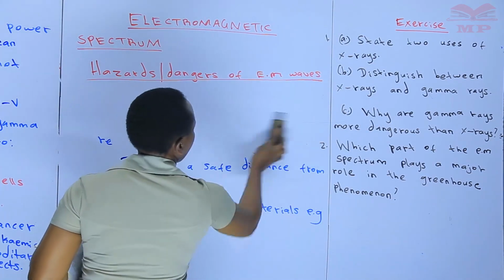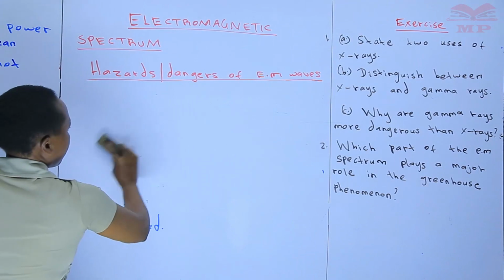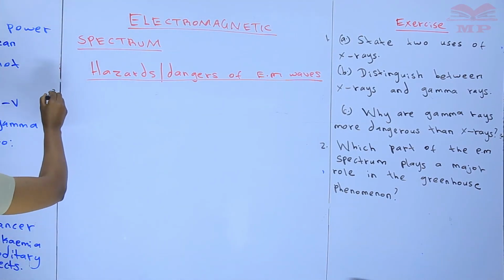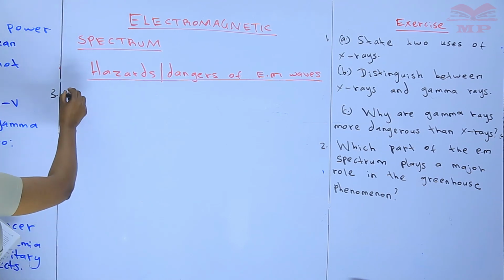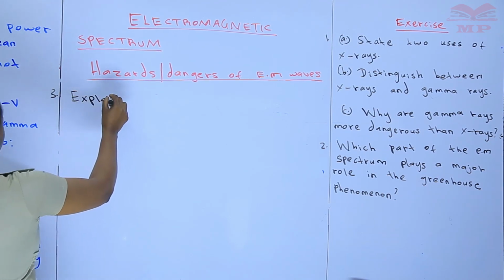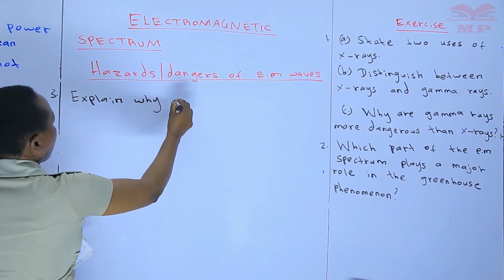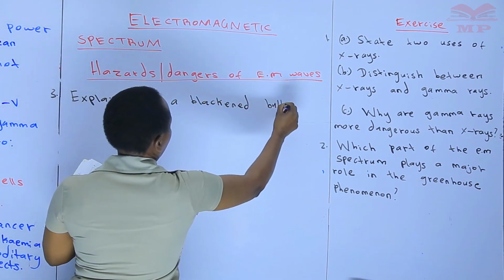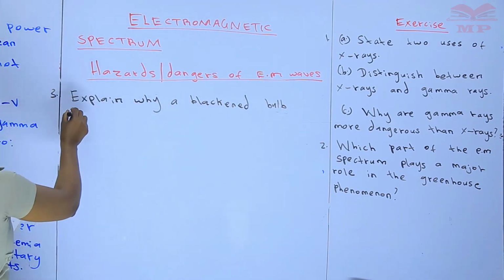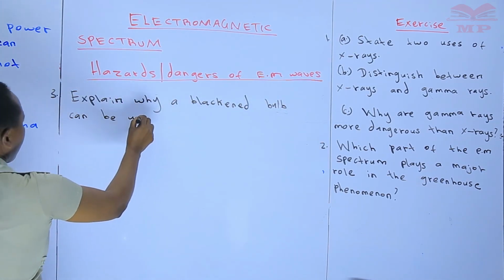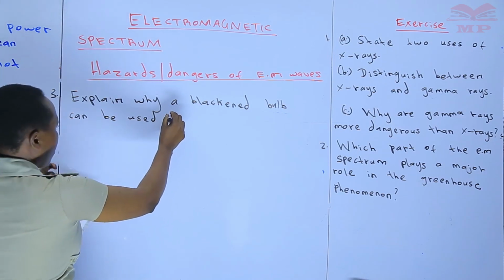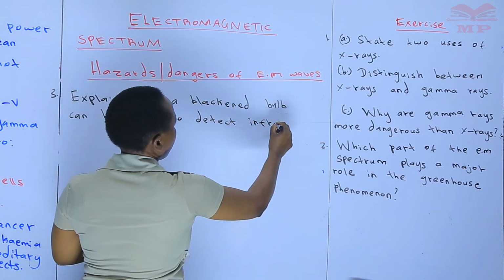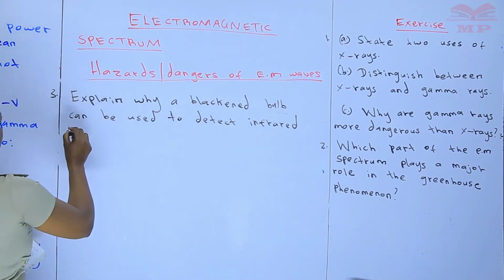And finally, question 3, explain why a blackened bulb can be used to detect the infrared radiation.